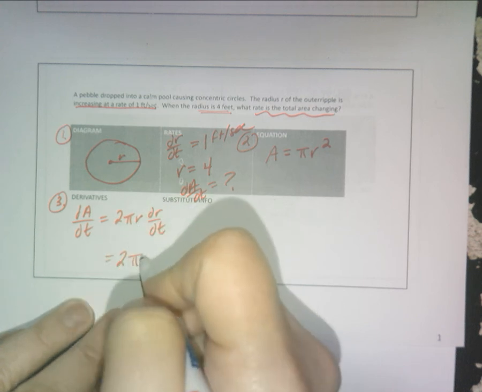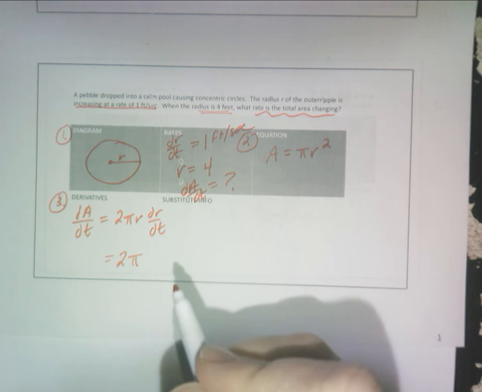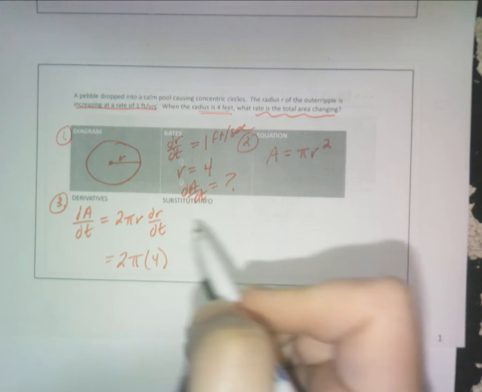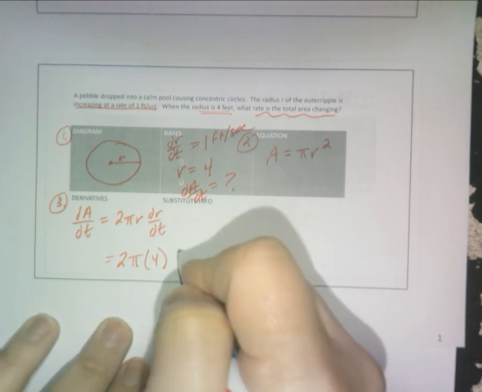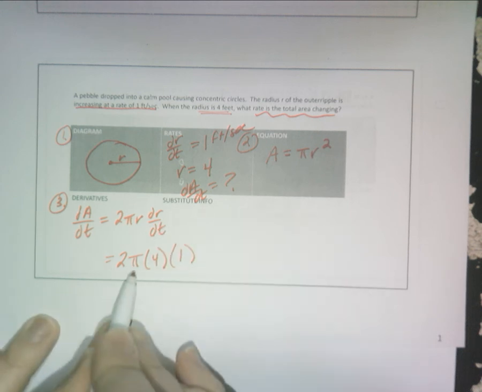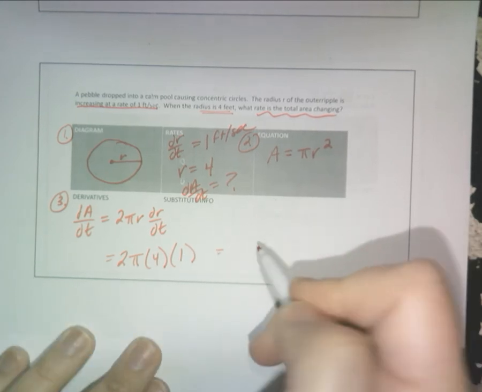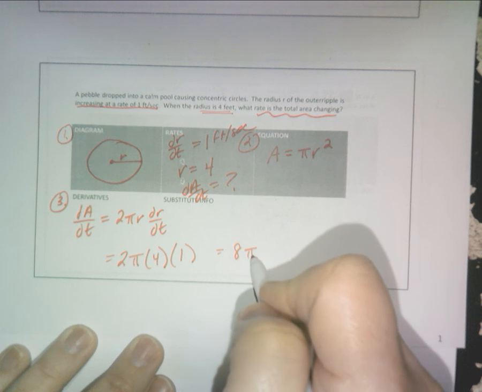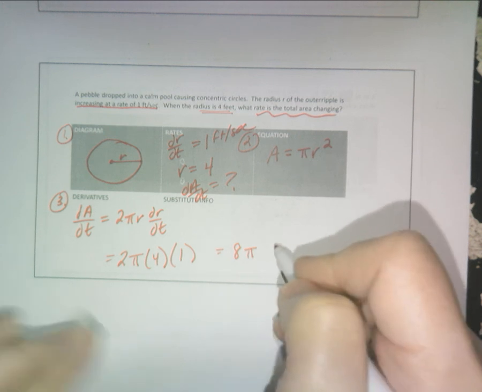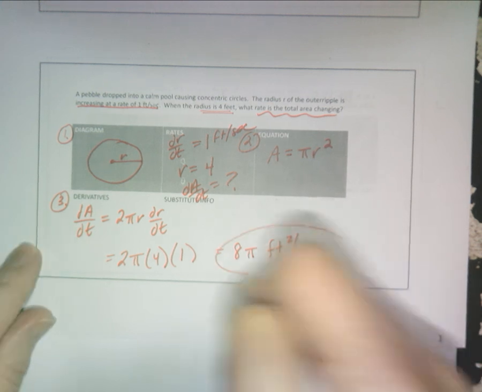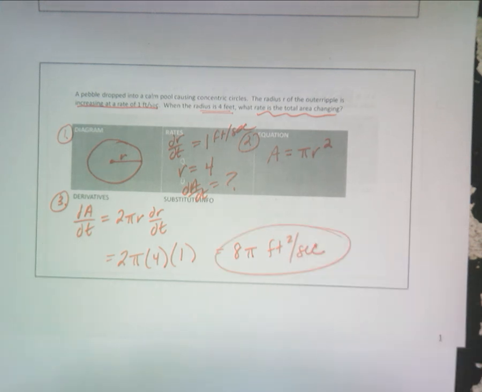My r, this moment in time when the outer ripple is 4 feet, so I'm going to put a 4 right here. What's my dr dt? 1. 2 times pi times 4 is actually, you can leave it in terms of pi. That's how I actually like it. 8 pi. And we're talking about area, so we would end it with feet squared per second. That is the rate at which the pebble is changing the area.